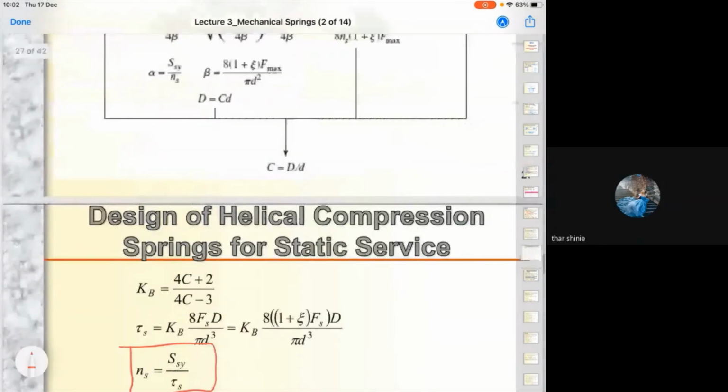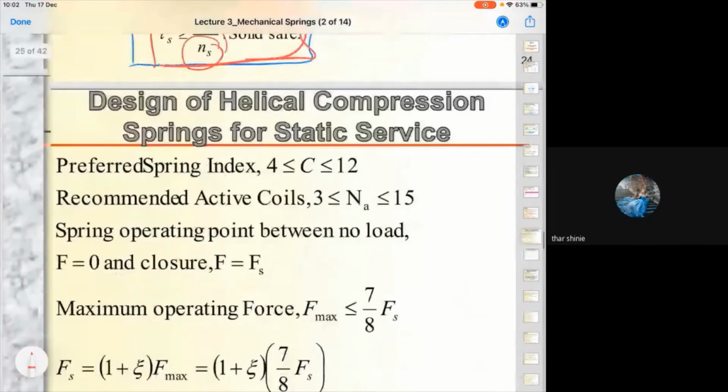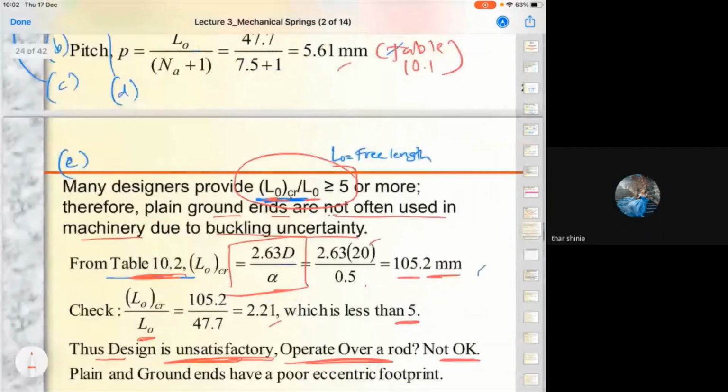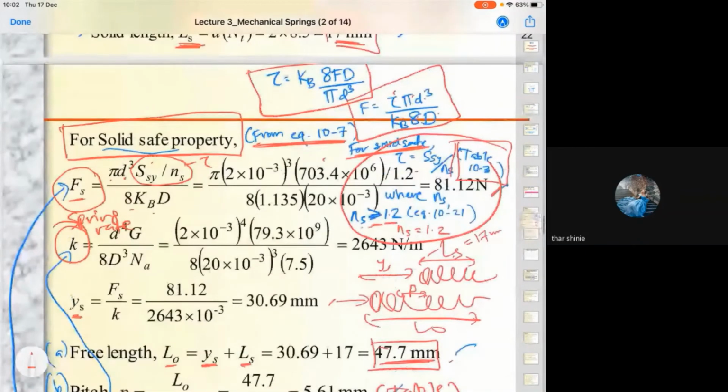However, usually dalam NS value, kenapa NS ni dia ambil sebagai mana tadi? Is must be greater or equal to 1.2 is actually from equation 10.21. Cuba you tengok 10.21. So you may ask me how they come up with NS. Cuba you tengok equation 10.21.